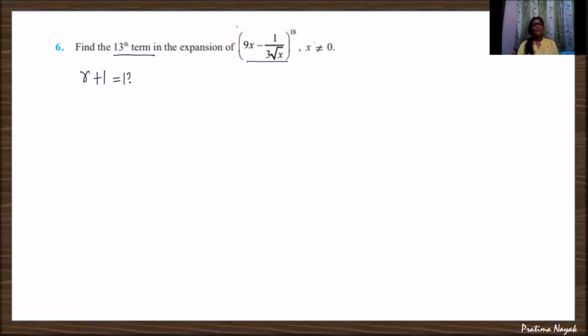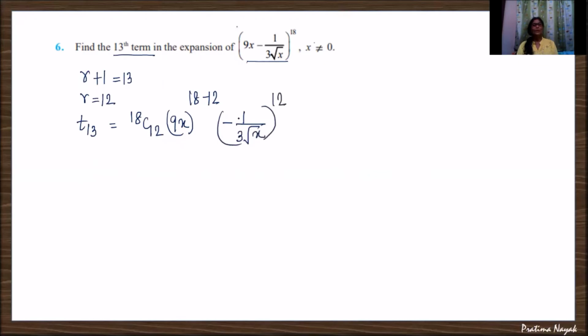So what is the value of r? r will be 12. So T13 is equal to 18 combination 12, first term 9x to the power 18 minus 12, and the second term is 1 by 3 root x, negative, to the power 12.